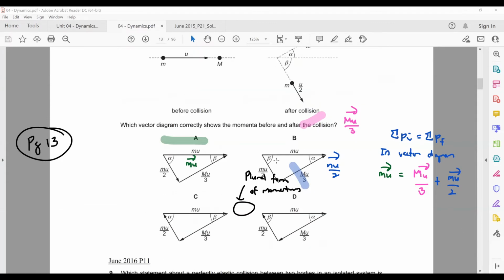So your answer for this would have been, which one do you think it is? A, B, C, or D?